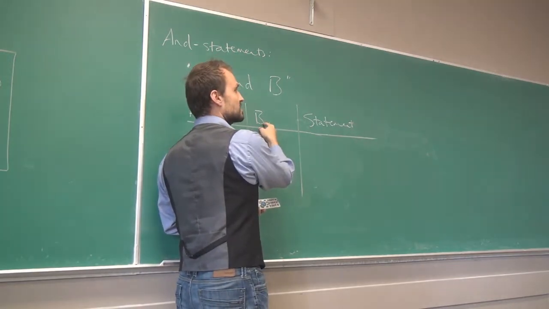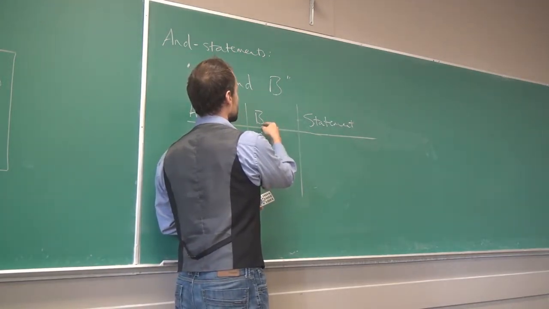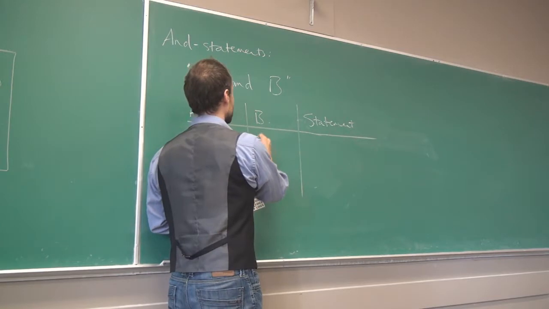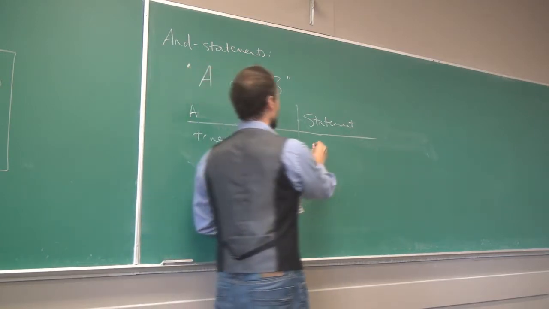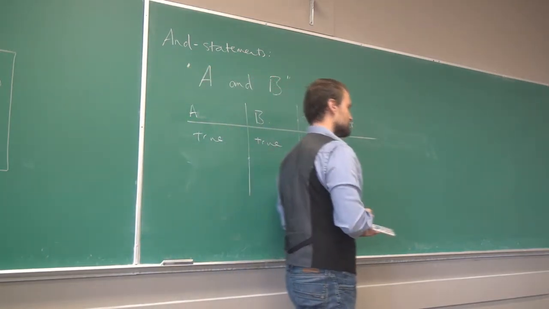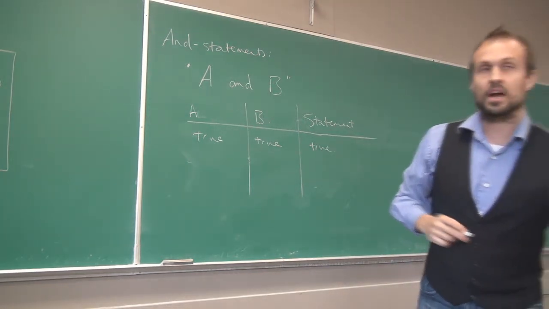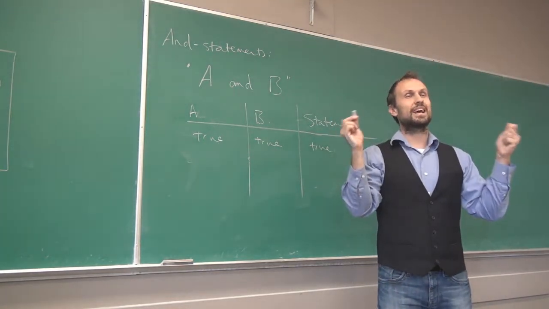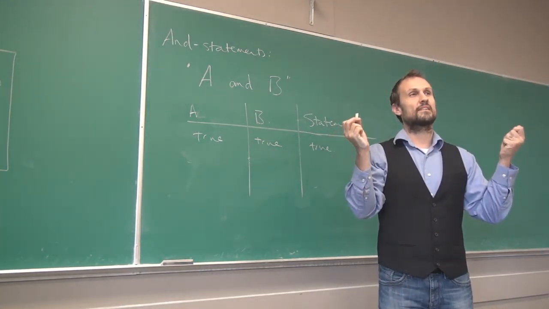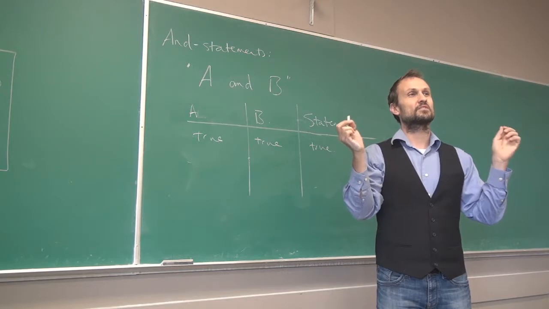I said I had a piece of chalk in my hand, as the second part of my statement, that was true. And you said the whole thing is true. Okay? Now I'm going to say the following. I have a remote in my hand and I have a piece of chalk in my hand. Is the whole statement true or false?